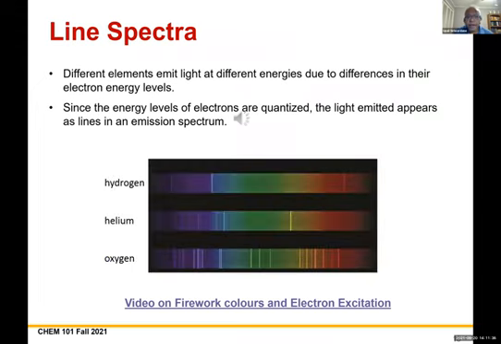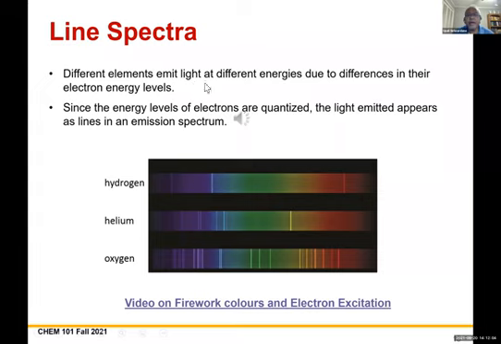For example, hydrogen, when absorbed by the electromagnetic radiation continuum, the hydrogen source shows a line spectrum in here. That is always true for hydrogen. That's a line spectrum. This is the absorption spectrum.